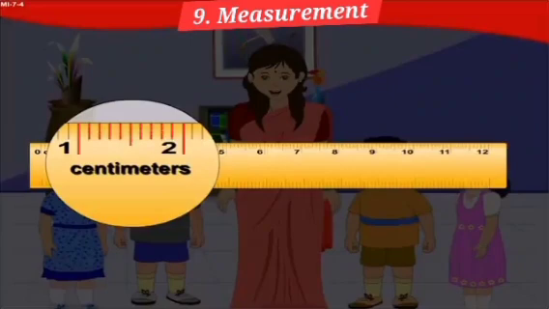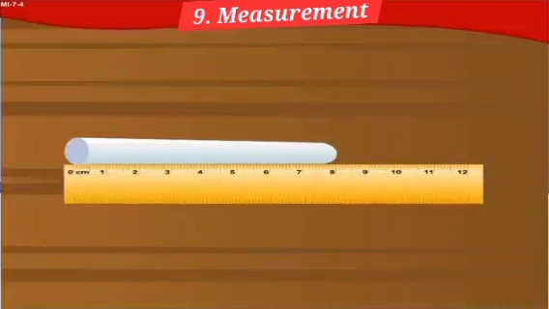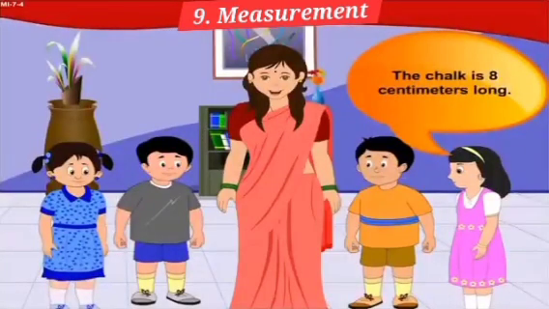Between two big markings, there are small markings. Can you see them? Yes. They show units of length smaller than centimeters. Now let us use this standard scale to measure the chalk stick again. Yeah, sure. The chalk is 8 centimeters long.